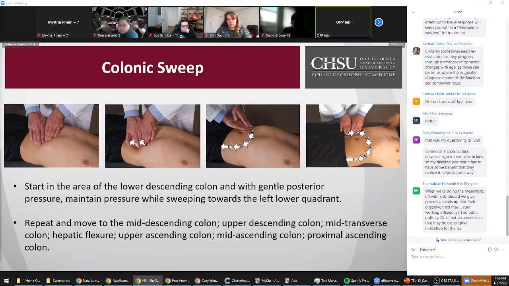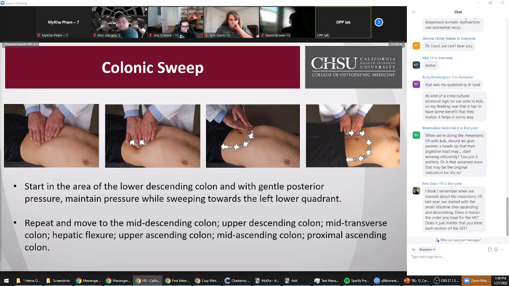So just like we opened the drain first and then had things pushed through, with the colonic sweep, remember the idea is to get the blockage that's furthest down, most distal, away first before you push something else closer across to that area. And it's a gentle motion and a little bit of pressure.